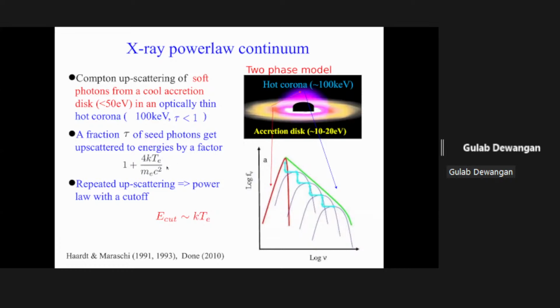So by that factor the spectrum moves in one scattering step. This black body moves to higher energy, but with reduced strength, because we have taken a fraction tau, which is less than about 1.